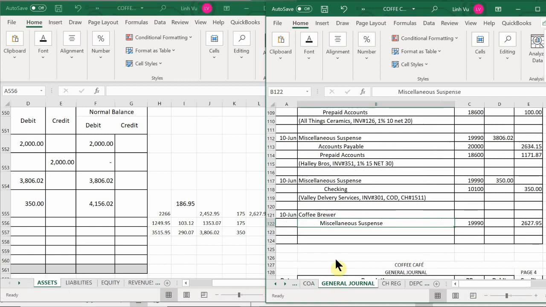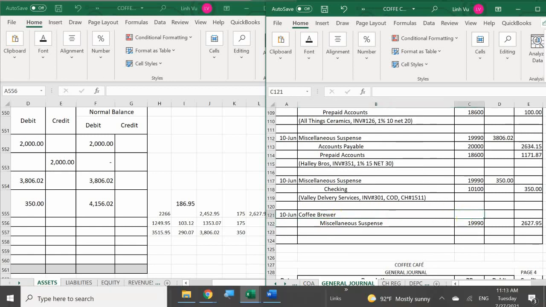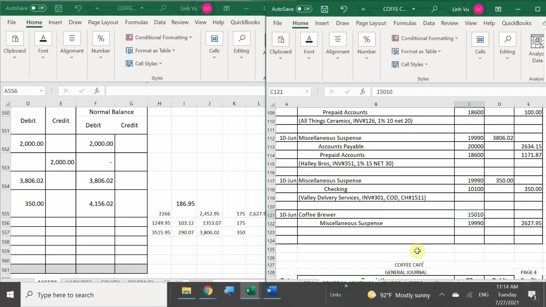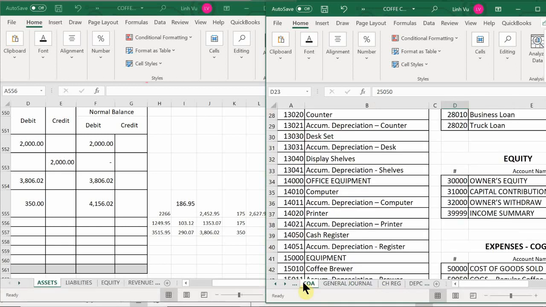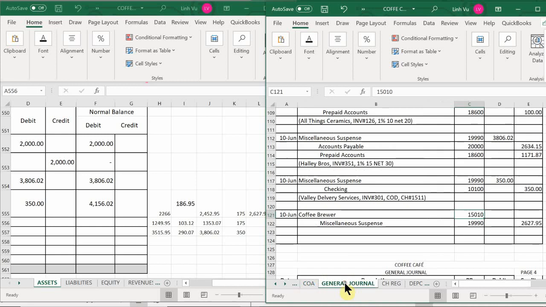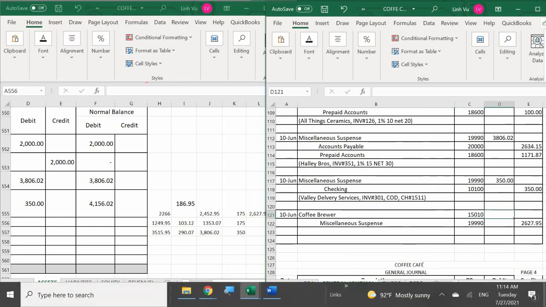So I'm placing it there because my coffee brewer is ready to go into service. I'm going to debit my coffee brewer account for that same exact amount, because that's how much my second coffee brewer is in grand total, including the shipping and the tax.